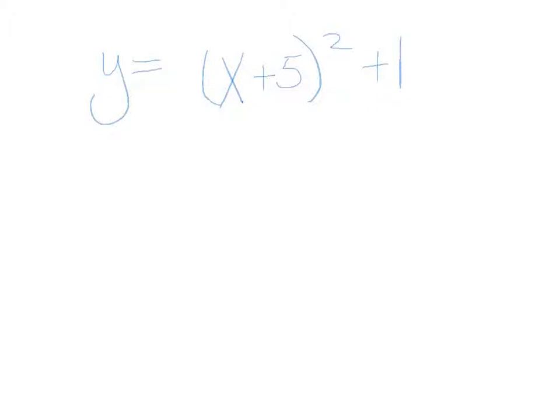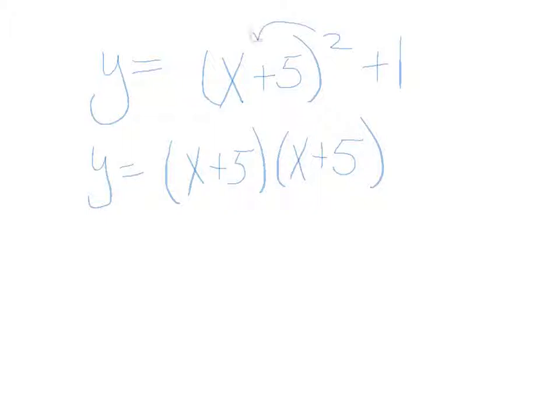So, remember, x plus 5 squared means x plus 5 times x plus 5. Don't say this is x squared plus 25. Don't just try to bring in this squared. That's wrong. You need to FOIL it out.